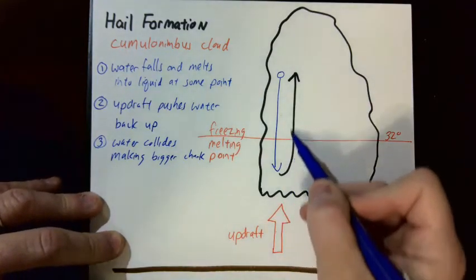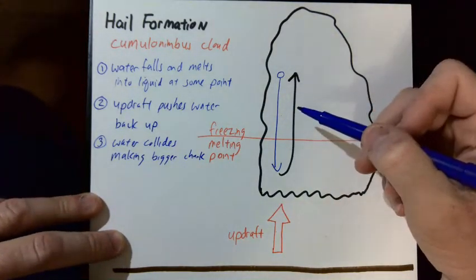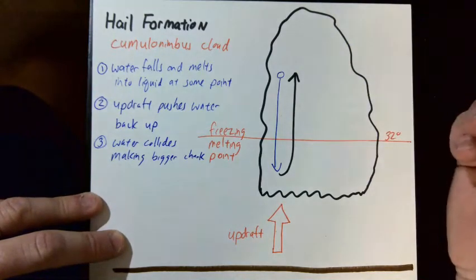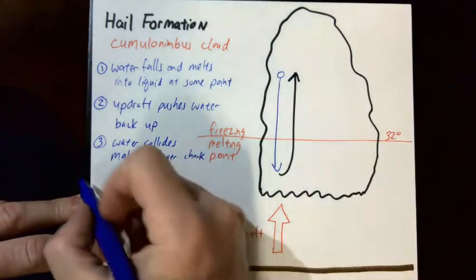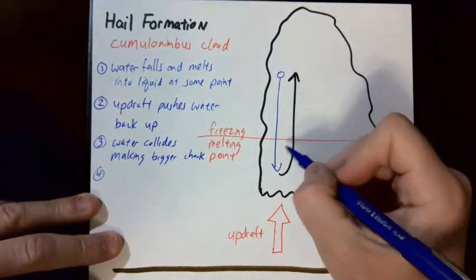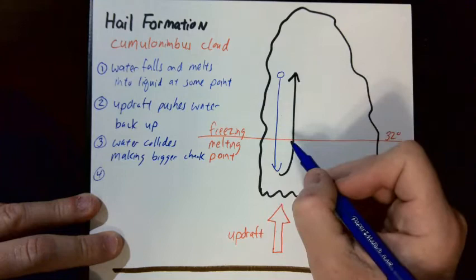So as my water gets pushed back up, it collides with other water in the air, and they stick together, making now a bigger clump of water. Now look where my water winds up. It winds up back above the freezing point.